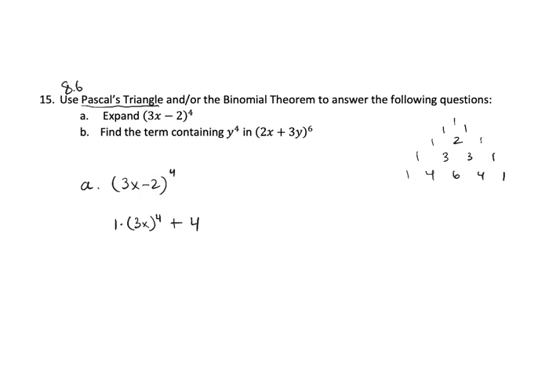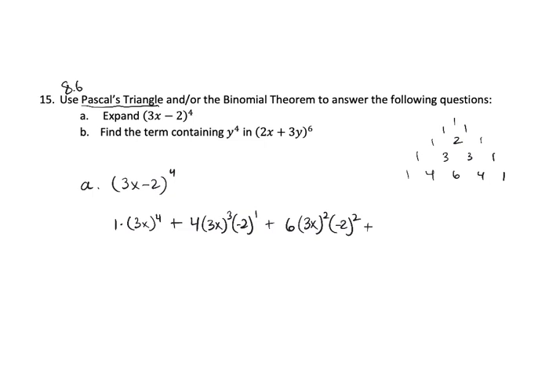Going to have 3x to the 3rd power now. And then the next term, negative 2, is to the 1st power. Next, we're going to have a coefficient of 6. And then 3x is to the 2nd power. Negative 2 is also to the 2nd power.